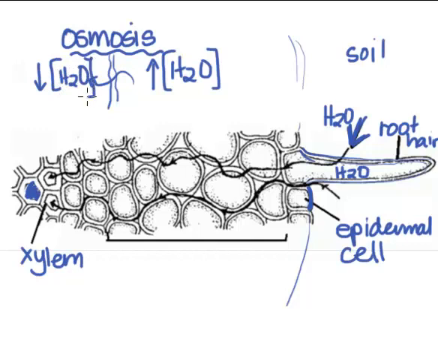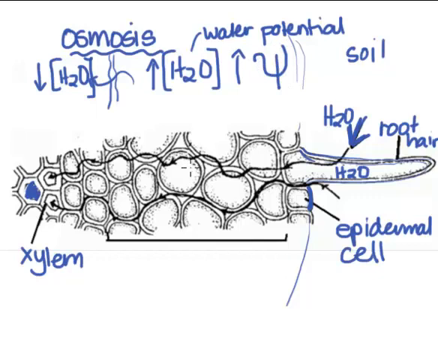And the word that we used for water concentration was water potential. So the water moves from an area of high, and this is the sign for water potential, high water potential, to an area of lower water potential through a semi-permeable membrane.